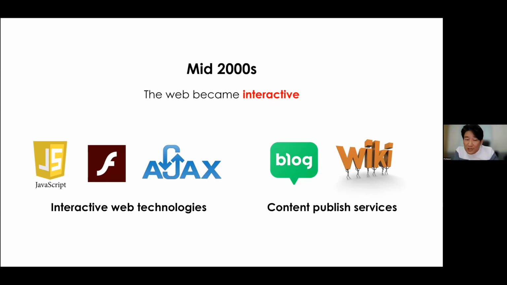But the situation changed in the middle of 2000s. The web became interactive. Many engineers developed interactive web technology like JavaScript, Flash, and Ajax. So the web became interactive. And also there were some tools to publish users' contents like blog and wiki.